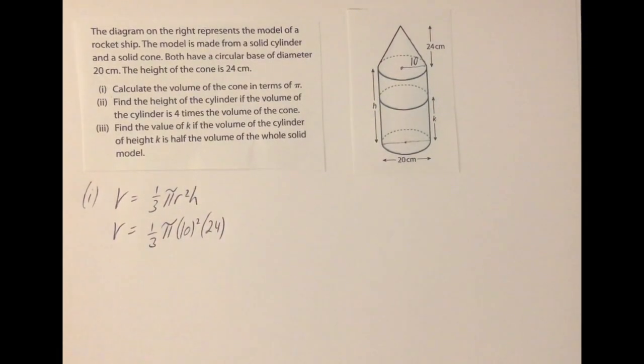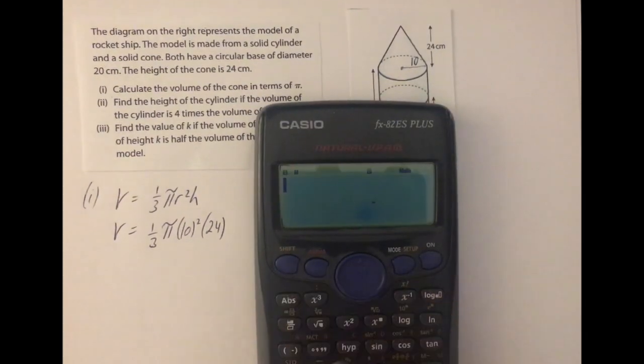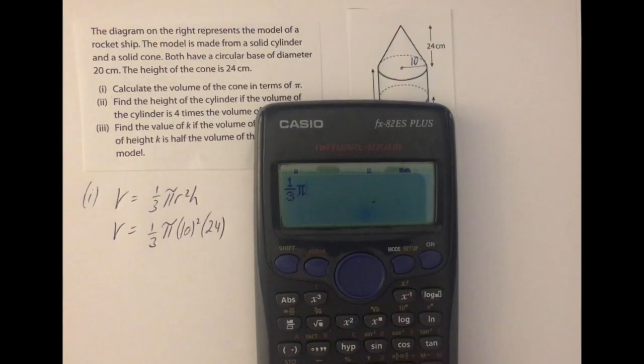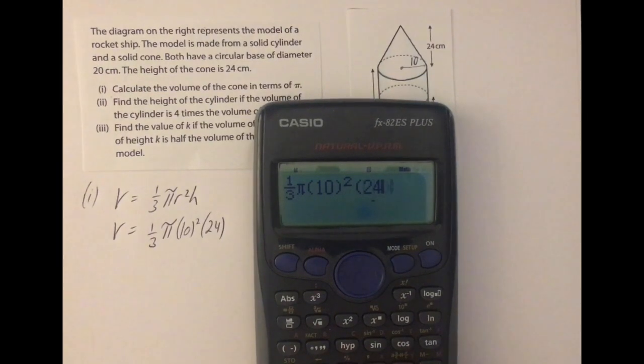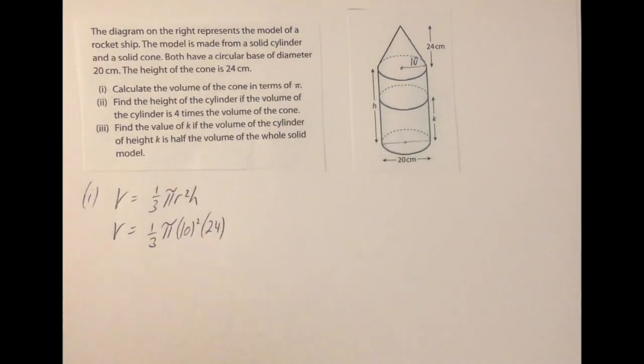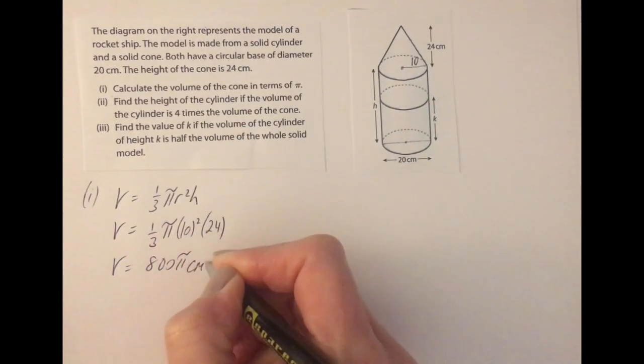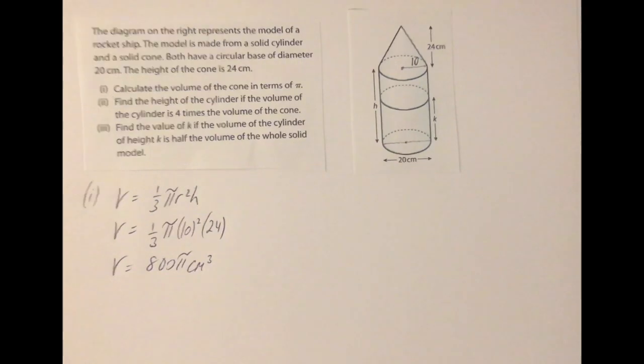Okay, so let's do that on the calculators then. So putting in the fraction 1/3, and then of course the pi button, bracket 10, bracket squared, and of course in brackets 24, equals 800 pi, and that's the way we want our answer in terms of pi. Centimeters cubed, of course, don't forget your units.